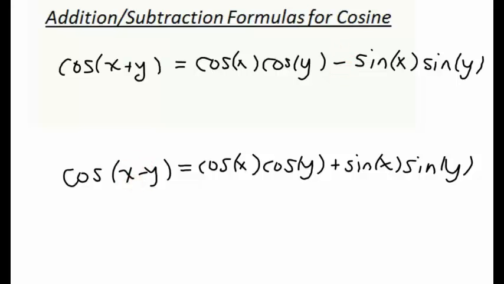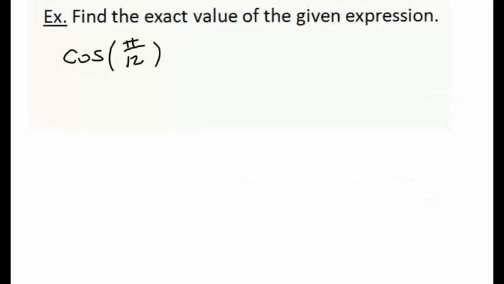So the sign changes as we utilize the formula. The second big change is that the cosine addition formula and subtraction formula begin with both cosines. So it goes cosine, cosine, minus sine, sine. And then we alternate x, y, x, y. Same thing for the subtraction formula. You do your cosines first, and then add your sine functions.